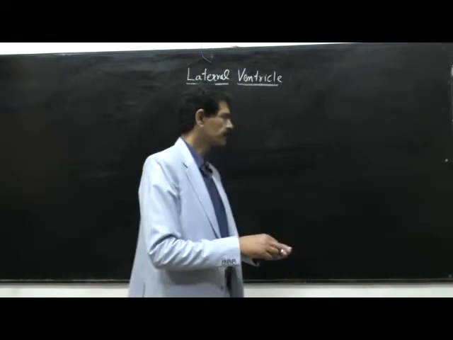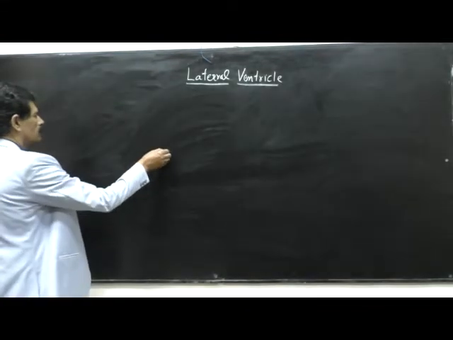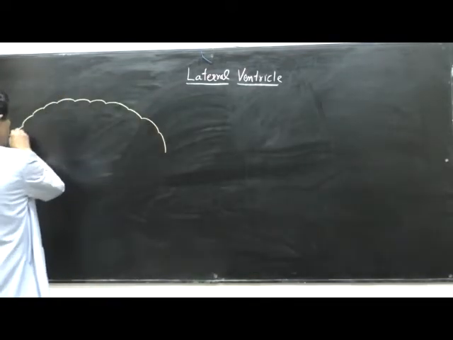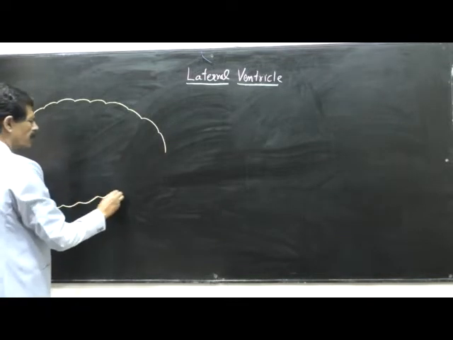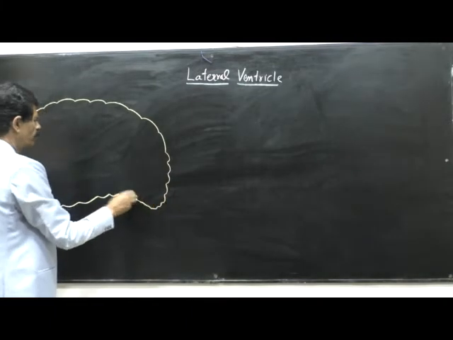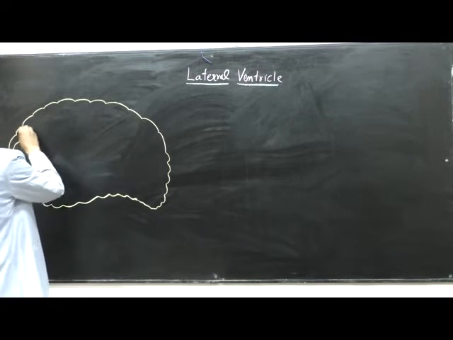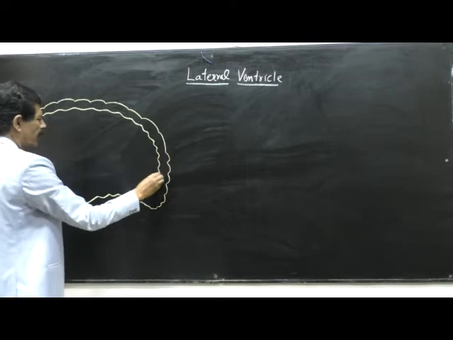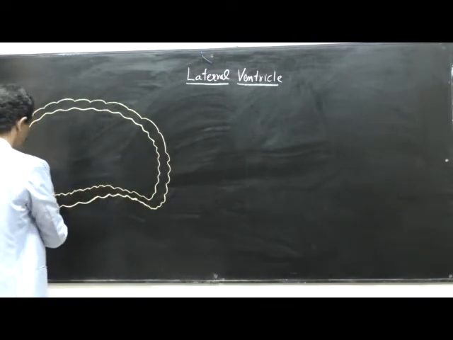If we cut the early stage of the development of the cerebrum, it is formed by the cerebral cortex at the periphery, and centrally there was a large cavity, that is the lateral ventricle.